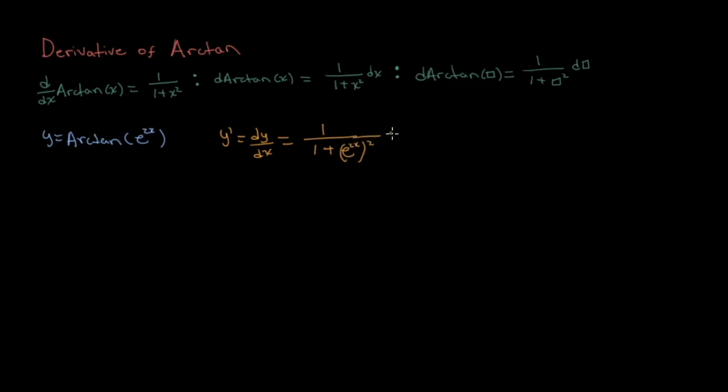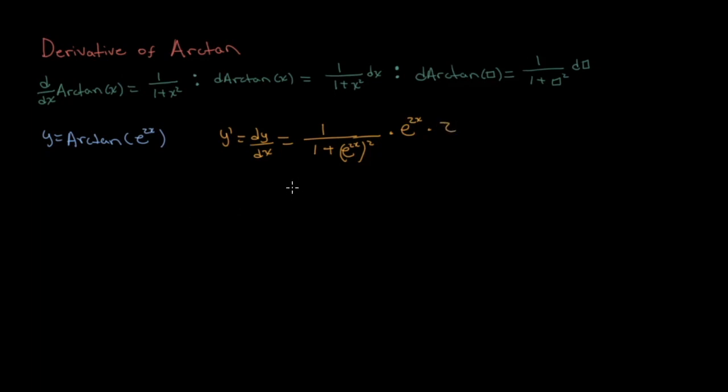And then we're going to multiply that by the derivative of that argument. So the derivative of e to the 2x is just going to be e to the 2x times the derivative of 2x, which is just 2.